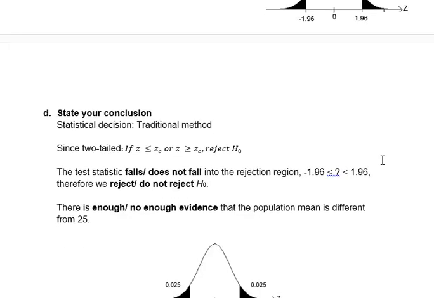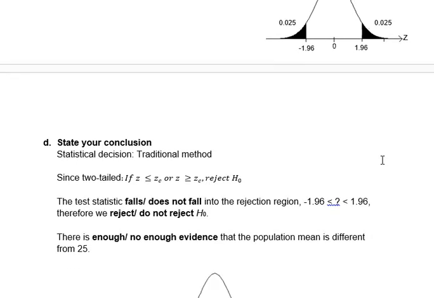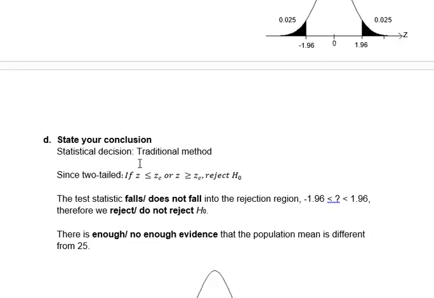When you want to state decisions, you have to understand that this is the traditional method. So the traditional method is you find the critical value and you compare it with the test statistic value.